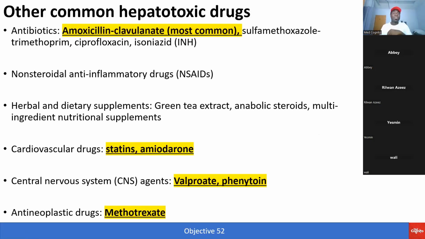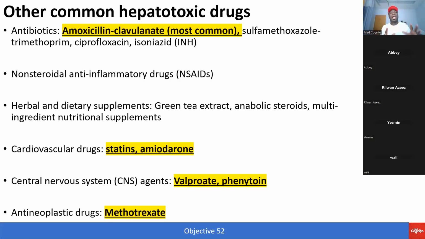I have this other question. And then other medications you must know after acetaminophen: amoxiclav, amoxicillin clavulinic acid, trimethoprim sulfamethoxazole as well. Ciprofloxacin, isoniazid. And then remember that I told you about NSAIDs, non-steroidal anti-inflammatory drugs. And then herbal and dietary supplements like green tea, and statins, amiodarone.